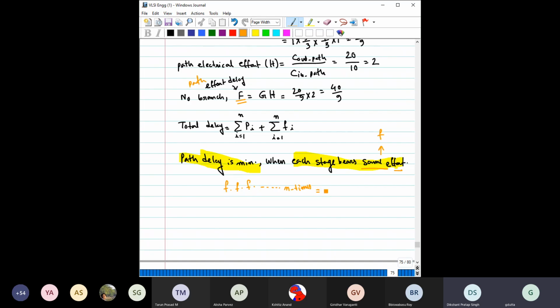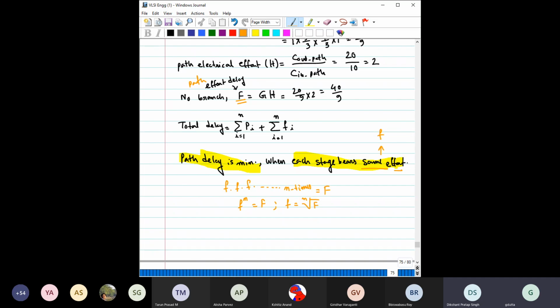So f to the power n is equal to F, or f is equal to the nth root of F.